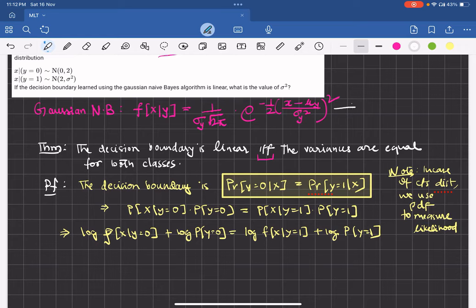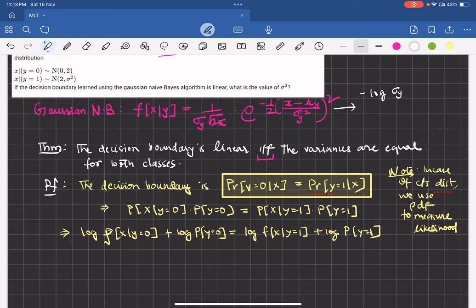When I take log of this, we can ignore the under root 2 pi term, right? Because anyway it will get cancelled from both sides. So we will essentially get minus log of sigma y. That will be there, right?